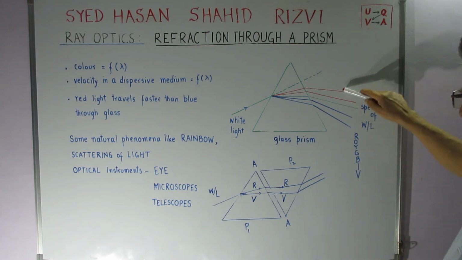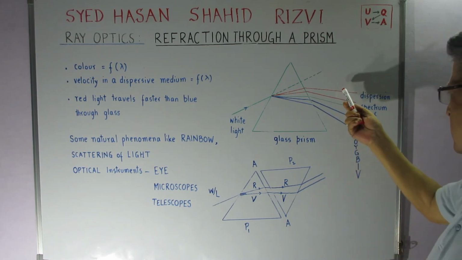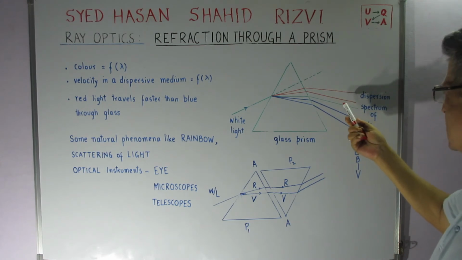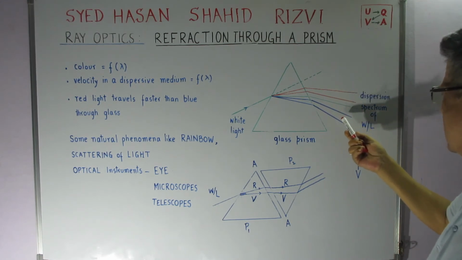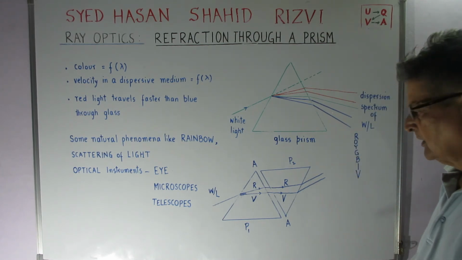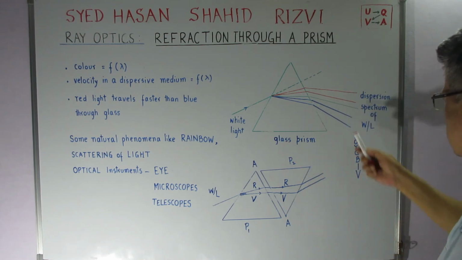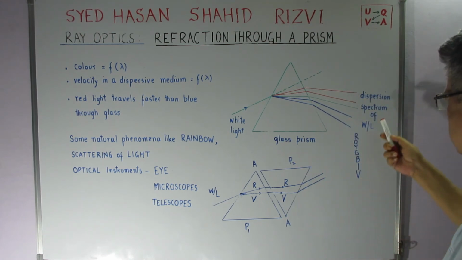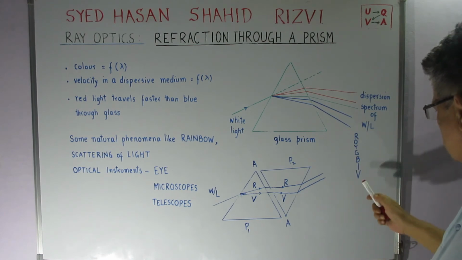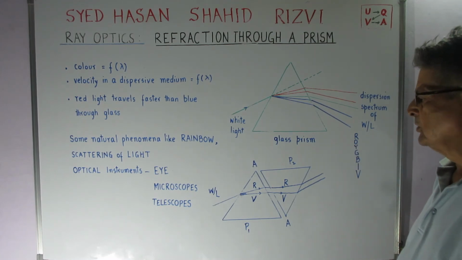I have been able to show this slightly to you: this is the red light, then yellow, and so on, and finally the violet color in the end. This is a glass prism, and what we get is the dispersive spectrum of white light. So we get the famous VIBGYOR that we know about.